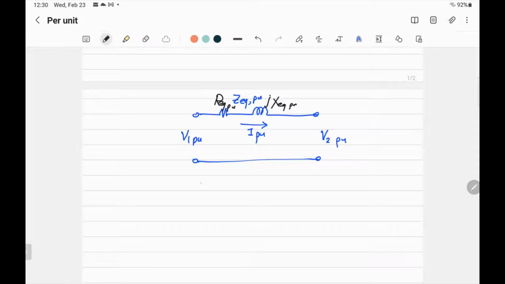So the copper loss per unit will be equal to the equivalent resistance per unit. Amazing. If you want to find the value of the equivalent resistance, find the copper loss multiplied by S base, you'll get the power. It's just simple. Okay, we're raising the per unit a lot, so let's just solve an example.